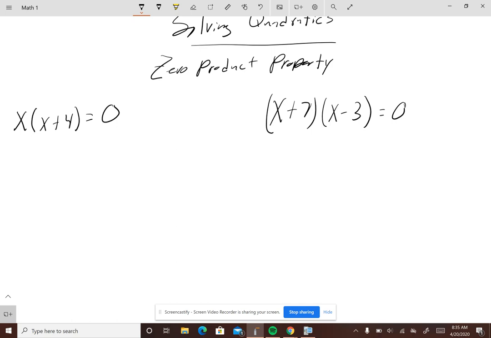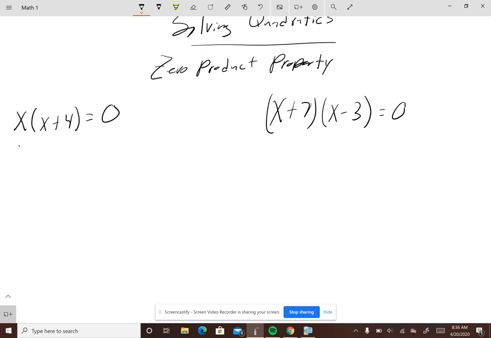Let's think, all we're saying is that if we plug in a number for x, we want the whole thing to equal 0. So we plug in one number here, and we want it to be equal to 0. And so what the zero product property says is, if you're multiplying these two things together, and you can get just one of them to 0, then the whole thing would be 0.